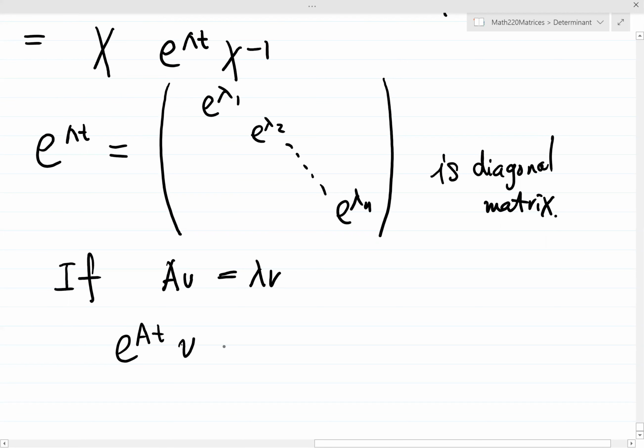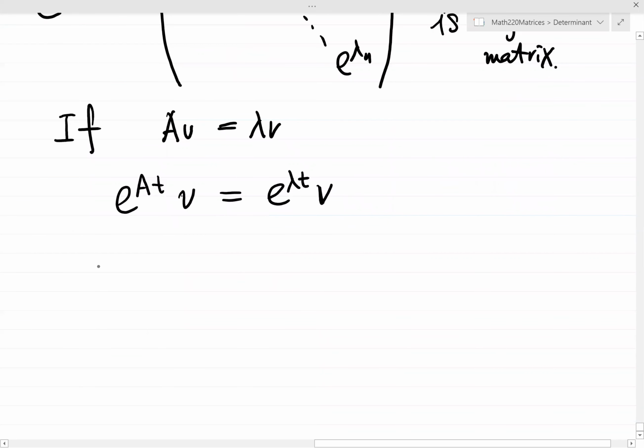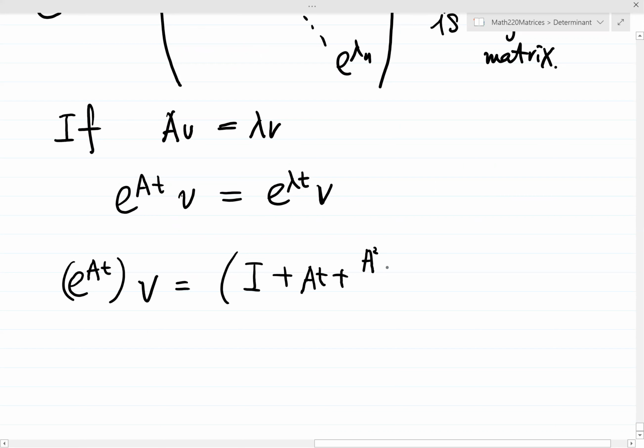What do we get? Now we will get e to the lambda t V. You can check. If you expand e to the AT times V, this will be identity plus AT plus A squared T squared over 2 factorial and so on, times V. Now this will be I times V, so this will be V, plus AV is lambda V, so you get lambda TV.